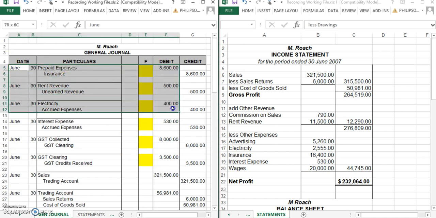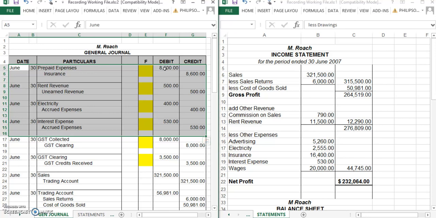So as at the 30th of June, we have done all of these balance day adjustments to match our revenue with our expenses. Basically what we're trying to do, particularly with prepaid expenses, is take it out of insurance in this financial year, temporarily put it into an asset account so that we can then claim that insurance expense in the following financial year.